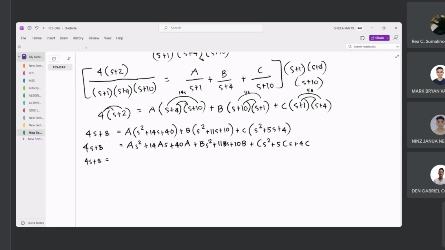Factor out the highest degree first. Say s squared, we have A, B and C. We have s, so that's 14A, 11B, 5C.